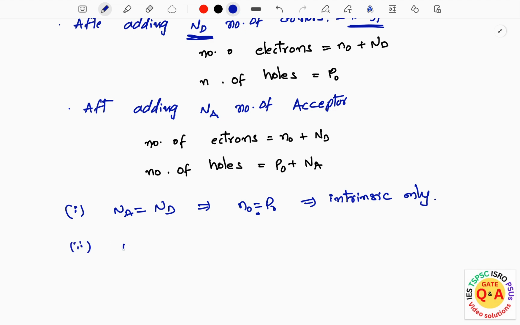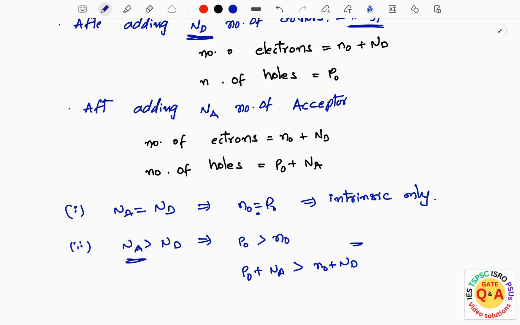In the second case, as in the question, Na is greater than Nd, meaning the number of acceptors is greater than Nd. Then the number of holes, P0 plus Na, is greater than N0 plus Nd.